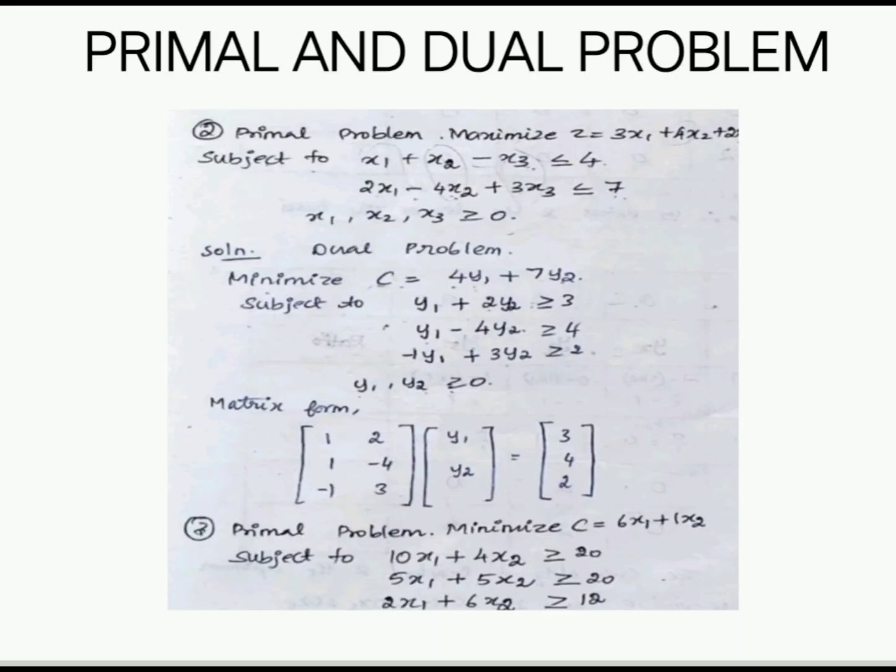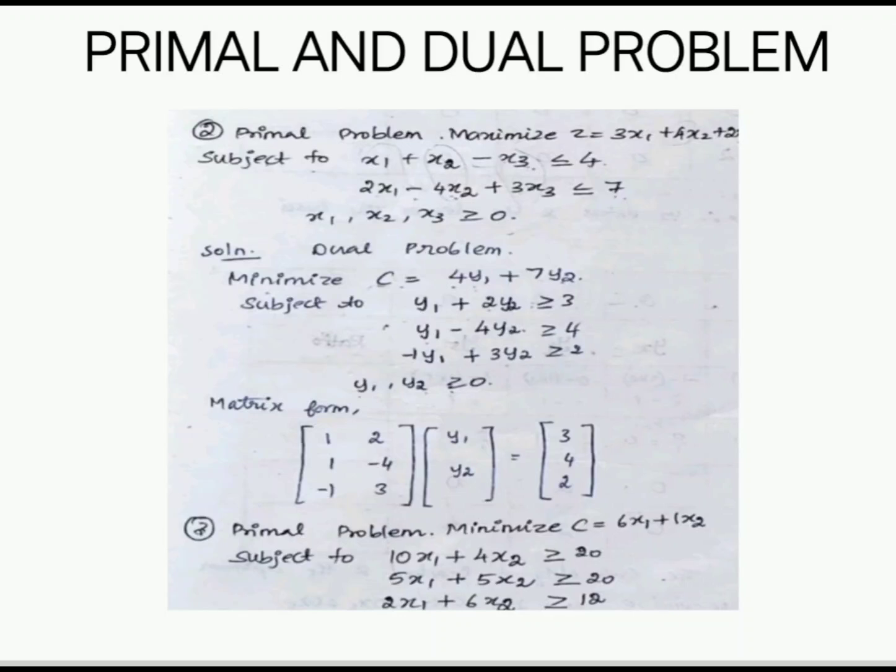So we can convert this primal problem into dual problem as minimize C is equal to 4y1 plus 7y2, taking the 4 and 7 into the objective function, whereas the constraints, which are in the form of rows, are converted into columns.